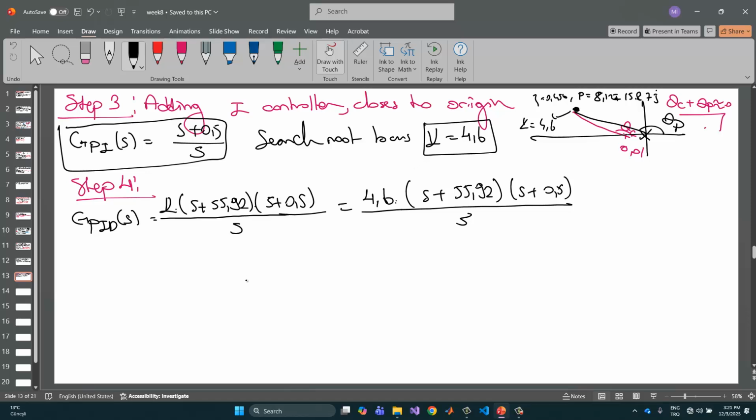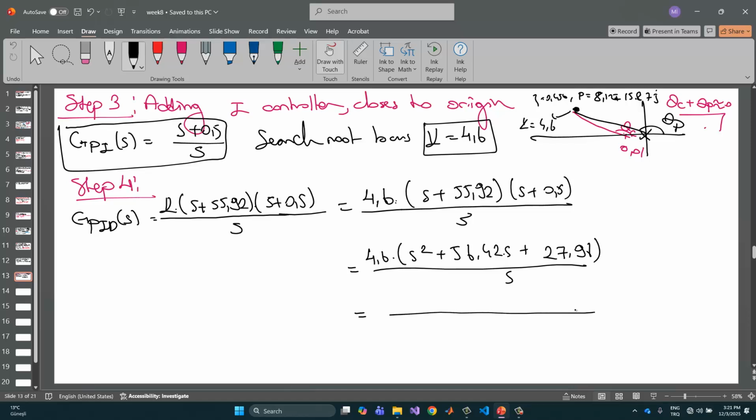And just remember the formula. If we expand the whole distinct terms, just like this one, 4.6 times s squared plus 56.426s plus 27.96 divided by s, which is equal to what? Just remember the formula.